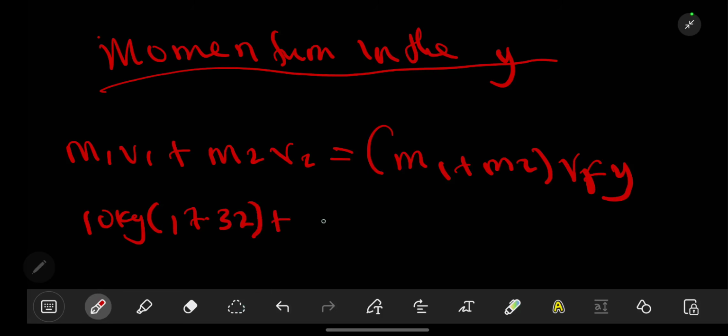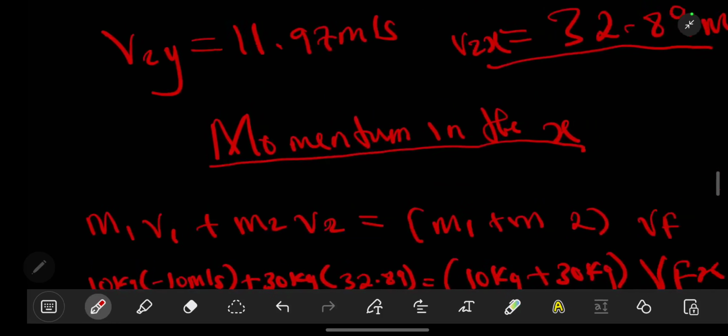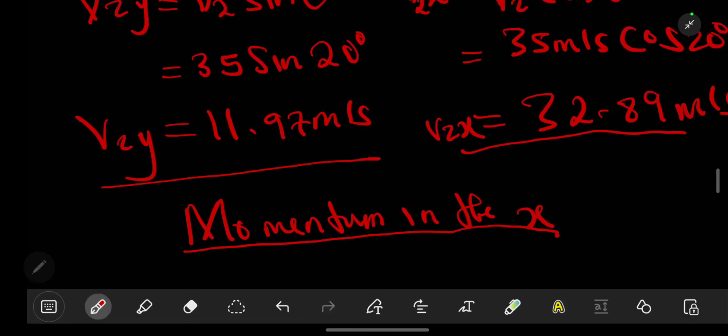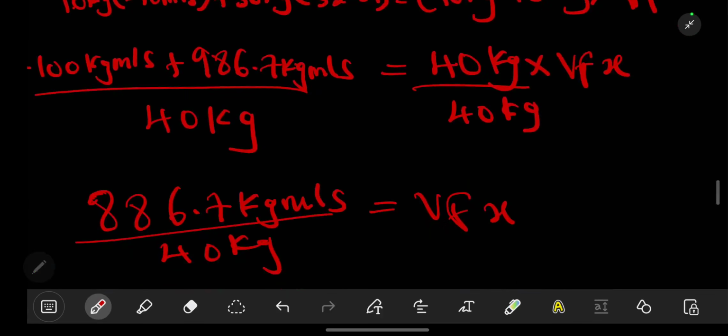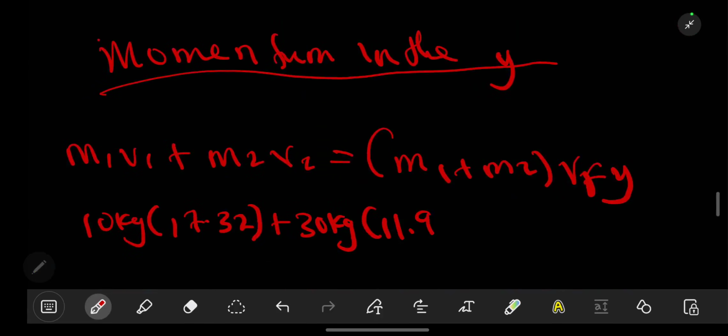plus our mass number 2, which is our 30 kg, times our velocity number 2 in the y direction. So just be careful, y direction, velocity number 2 in the y, so V2y. Label your work clearly. So we have 11.97 like that.